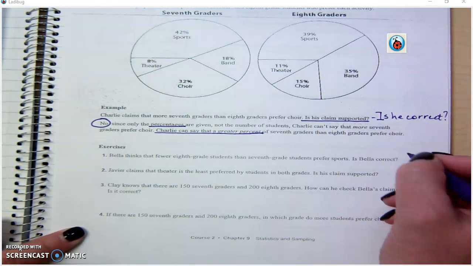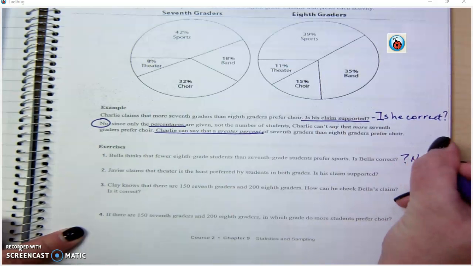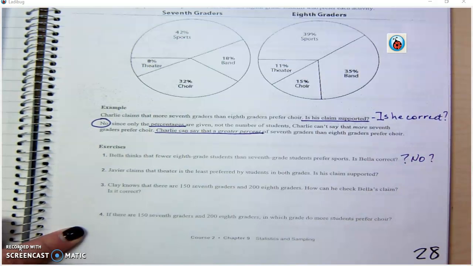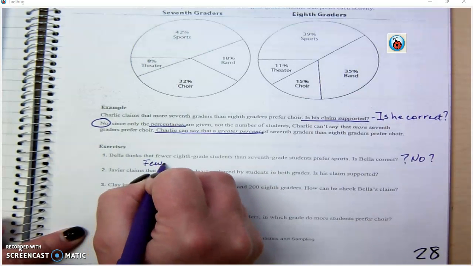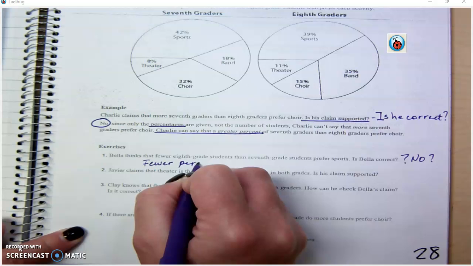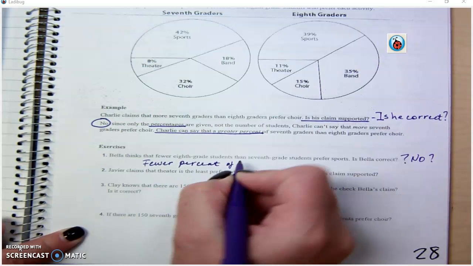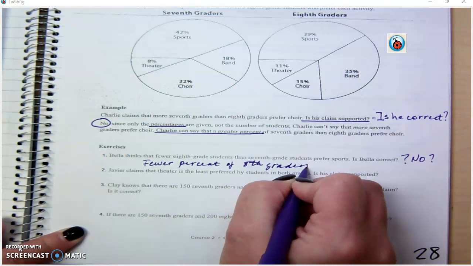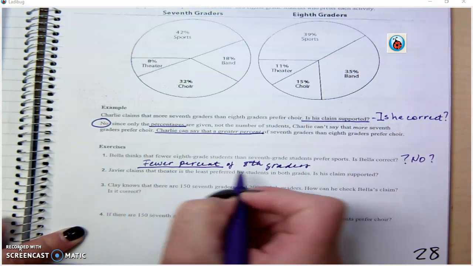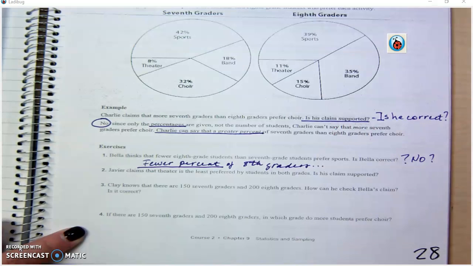Well, it's like, I don't know. I would say no, because I really do not have enough information, because we have to say it's a fewer percent of 8th graders. That's going to be our statement. Super important. We can only compare percent without knowing the value.